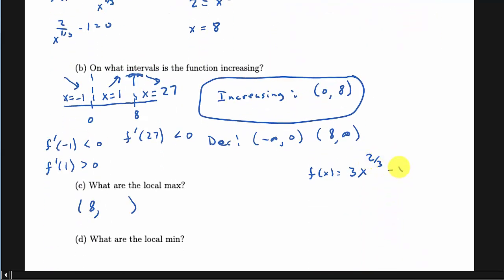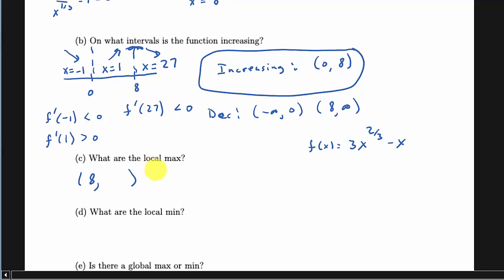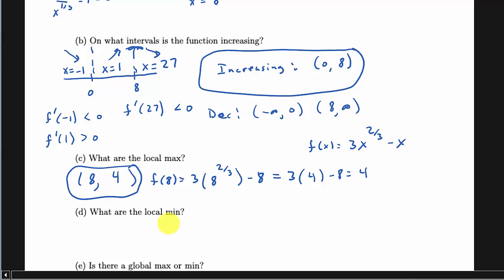So I've got f of 8 is equal to 3 times 8 to the 2/3 minus 8. And that's 3 times, well, the cube root of 8 is 2. 2 squared is 4. And so that's going to give me 4 as an answer. So there's our local max at (8, 4).